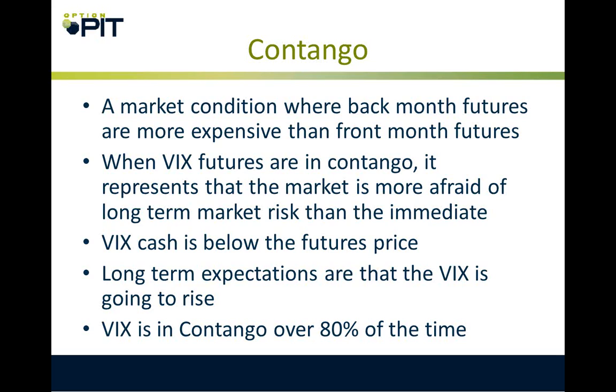So imagine this. You're holding a VIX future with 30 days to expire, all right? And you know volatility mean reverts, and the VIX is trading at 12. Do you think the VIX future will be trading below 12, above 12, or at 12?